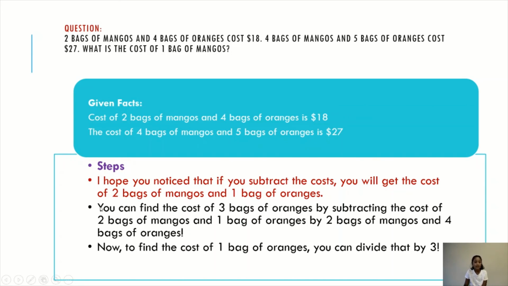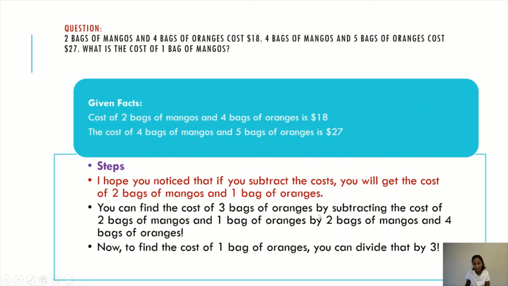And now you can find the cost of 3 bags of oranges by subtracting the cost of 2 bags of mangoes and 1 bag of oranges from the cost of 2 bags of mangoes and 4 bags of oranges. Because if you subtract those numbers together, you will end up with 3 bags of oranges.